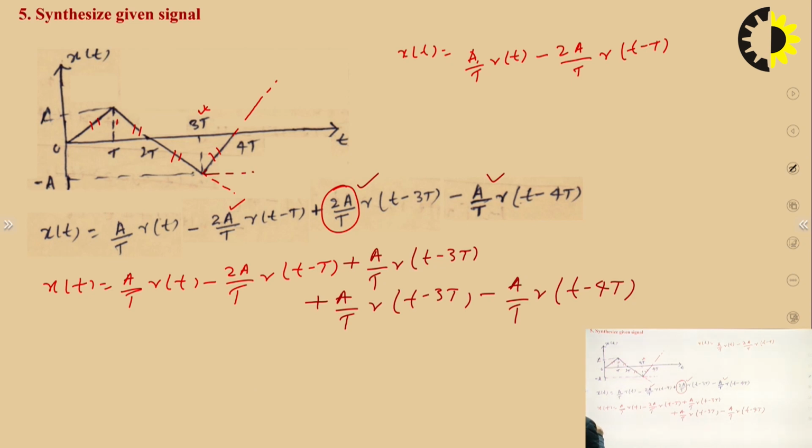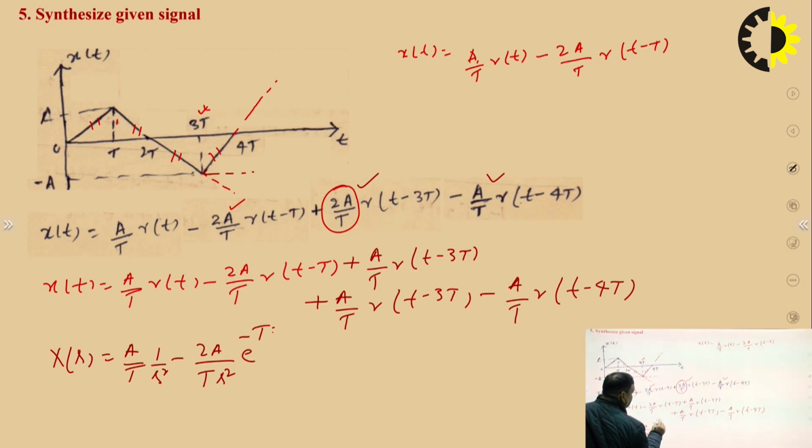The Laplace transform of this is A by t, 1 by s square, minus 2A upon t s square e to the power minus ts, this is shifted.